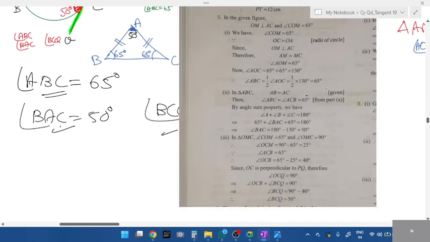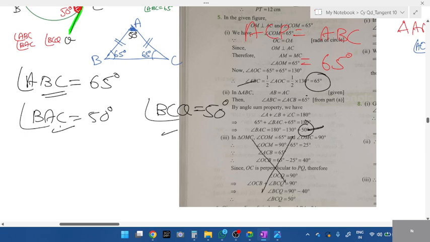Answers are correct, but their calculation is different. We got ABC 65 degrees. Then by some angle property, okay, even this is fine. But the third one, they used a different concept. Is the angle correct? 50 degrees. We got all three right. 65, 50, 50. Okay, this is the solution given in the book.